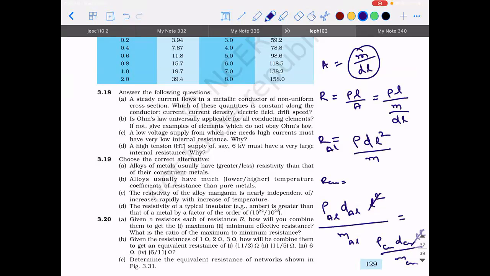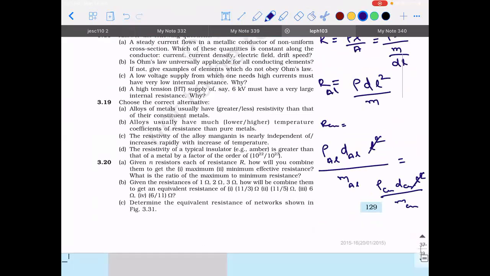Okay. So if you try to calculate, you will get mass of aluminum is less than mass of copper.